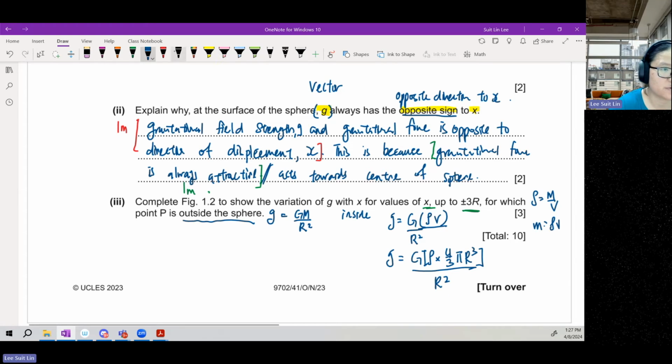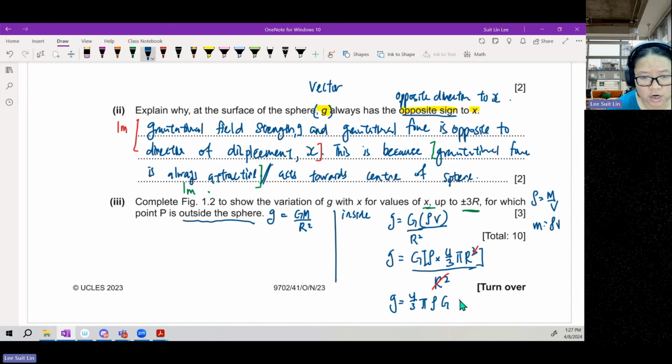One of the r obviously can simplify. So inside the sphere, my g is equal to 4 over 3 pi rho G r. This whole thing is constant. That's why g is proportional to r, and that's why you get a straight line. That's the magnitude. Direction, we will have to consider separately. The negative sign only comes in when you draw the diagram and decide the direction.